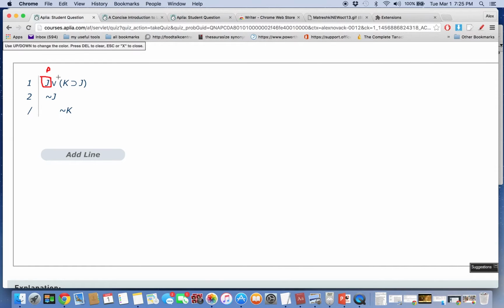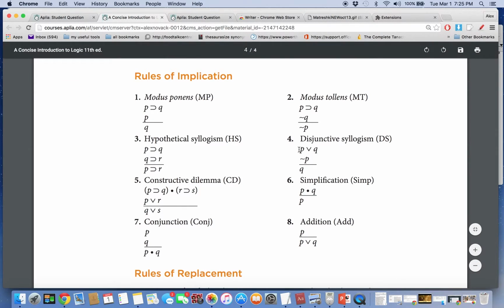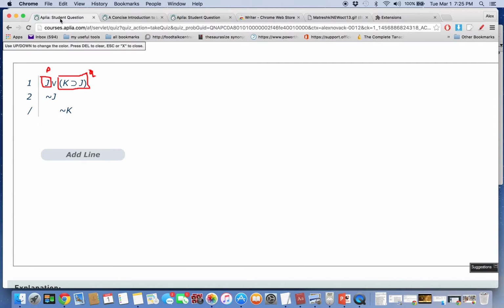And then everything to the right of the main operator wedge, all of that has to be Q. There we go. So we have something on line 1 which can correspond to this rule here, disjunctive syllogism, P wedge Q. All right, we got a match.